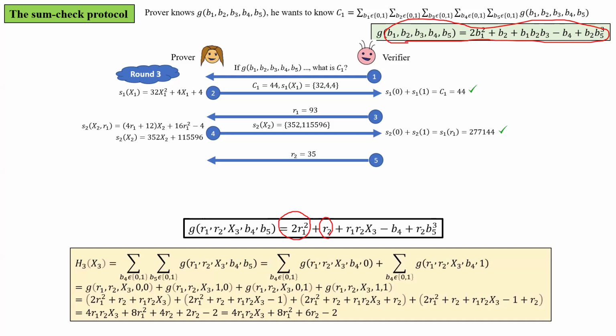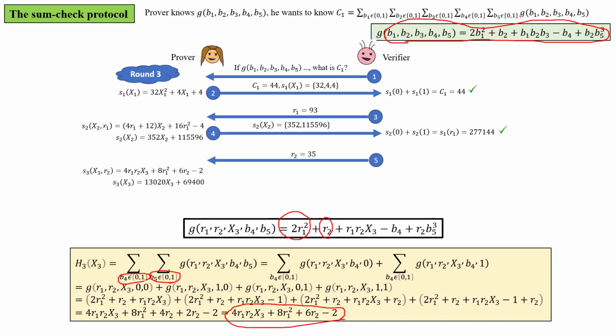So later, the prover computes function h3(x3) by calculating the summation for the variables b4 and b5. The only two remaining variables should be replaced by 0 and 1. So this is the final result for function h3.